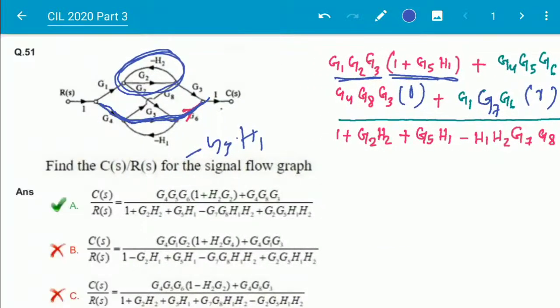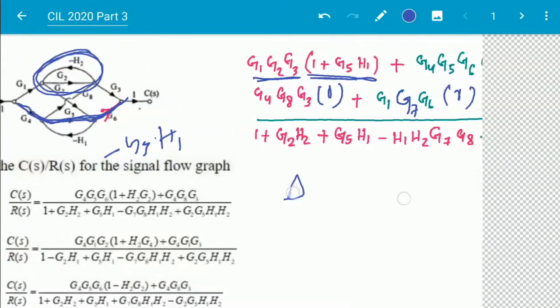In the denominator, delta is represented by 1 minus all the loop gains: G2H2, plus G5H1, then two non-touching loops.